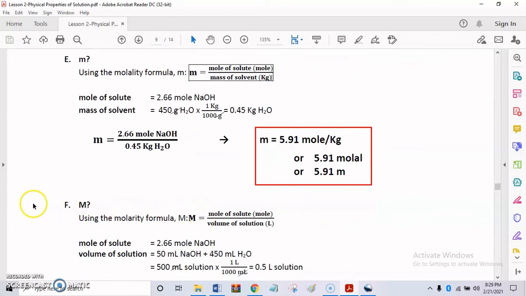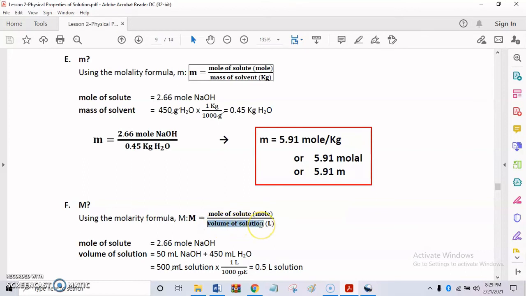So, next question is the molarity. So, yung kaibahan ng molality sa molarity is they have both mole of solute. It's just that in molarity, instead of mass, it is volume of, but instead of solvent, it is in solution.